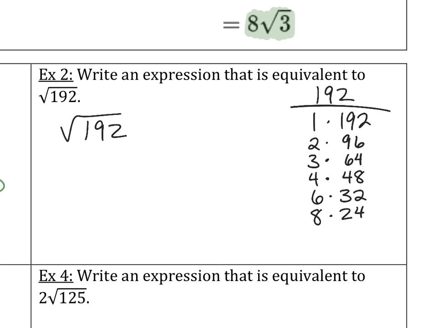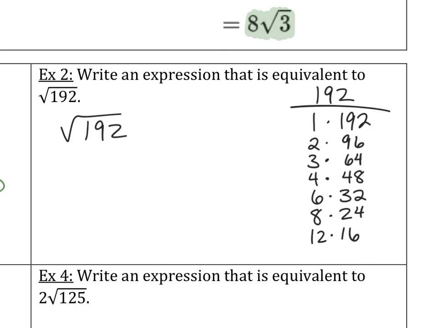No. How about 10? No. How about 11? No. How about 12? 16. How about 13? No. 14? No. 15? No. And 16 is already on my list, so I don't have to check anymore after that. Okay, phew, that was a long list.